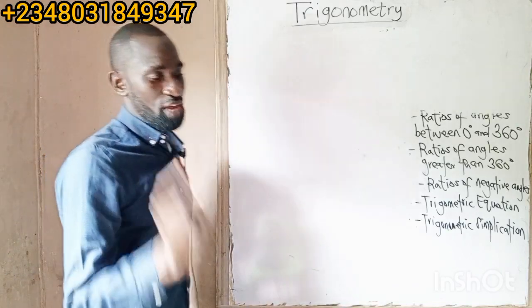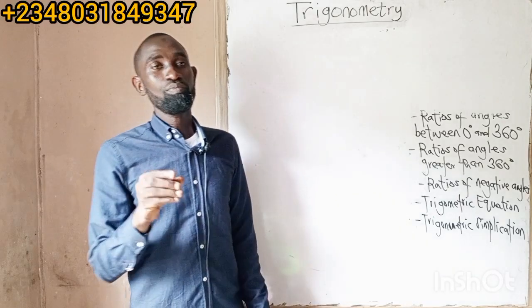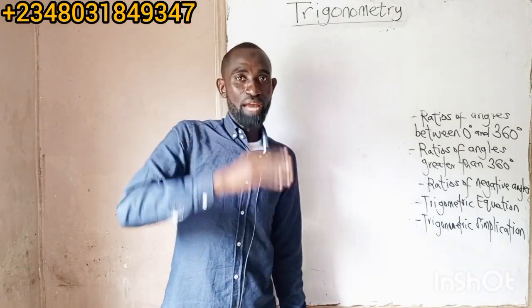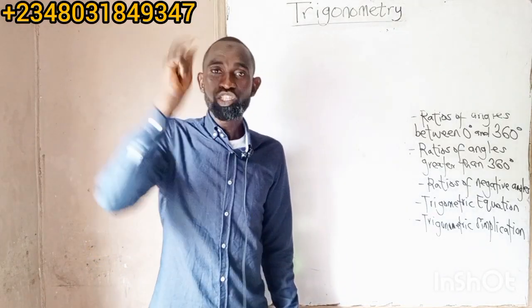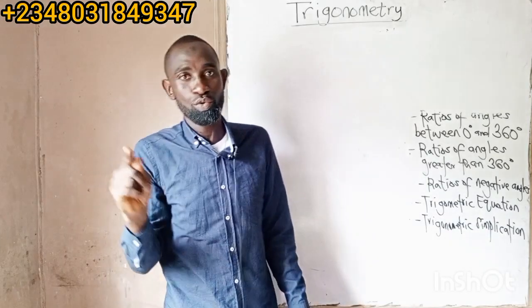Now, before I solve that, anytime you are given a particular ratio and you are being asked to find another ratio, the first thing to do is draw a right angle triangle to show the effect of that given ratio. What do I mean?